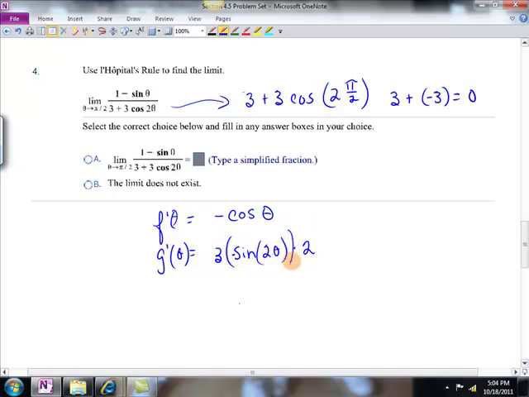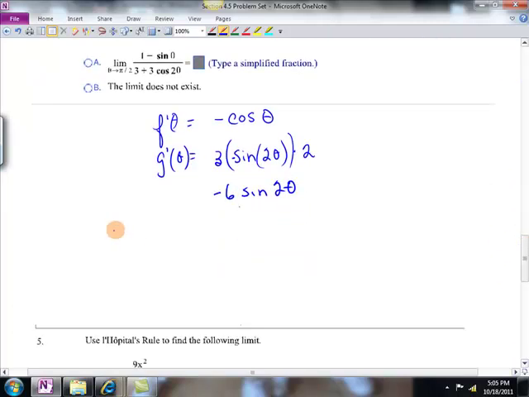So it's 3 negative sine 2 theta, because you do the derivative of cosine, that argument, and then times the derivative of the argument. So what do we have? We have negative 6 sine 2 theta.